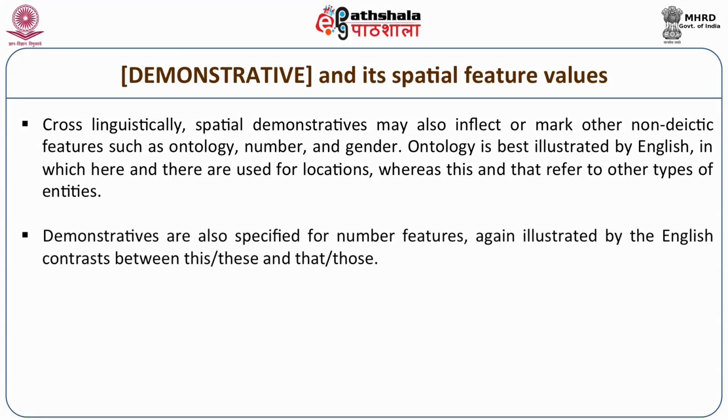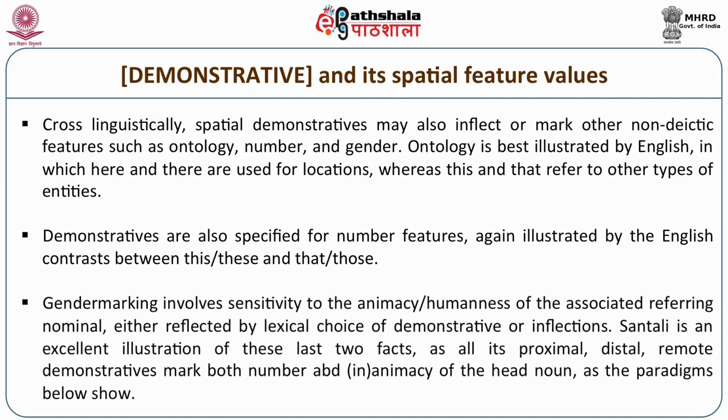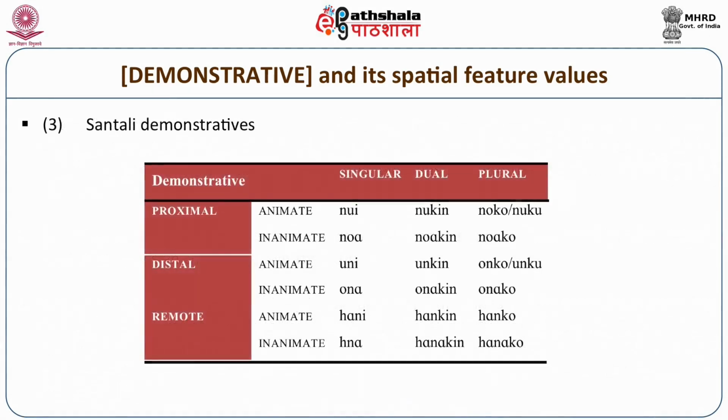Demonstratives can also be specified for number features, such as the distinction between this and these, that and those. Gender marking involves sensitivity to animacy or humanness. Santali is an excellent illustration of these last two facts, as all its proximal, distal, and remote demonstratives mark both number and inanimacy or animacy of the head noun.